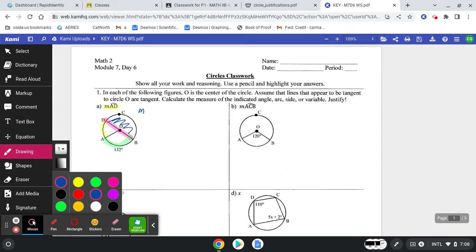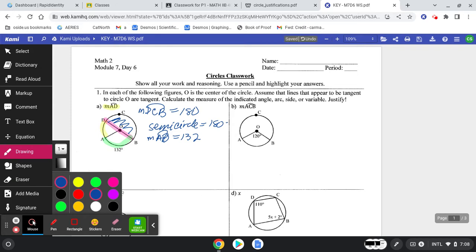So the measure of DCB, that's called a major arc, is equal to 180. And that's by semicircles equals 180. Then we know that this other arc given to us is 132. So that's going to be the measure of minor arc AB is equal to 132, that was given to us.